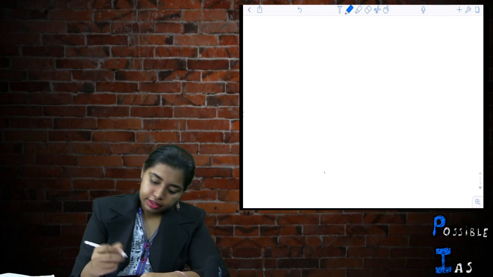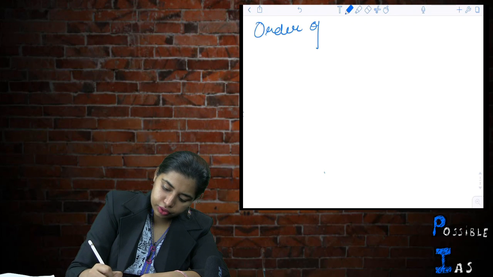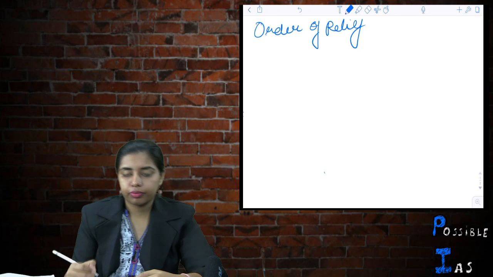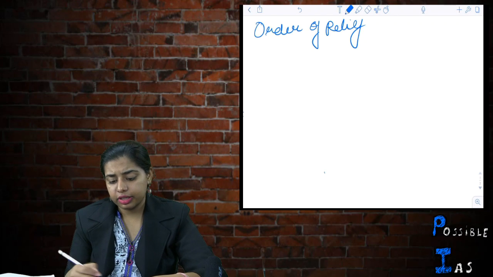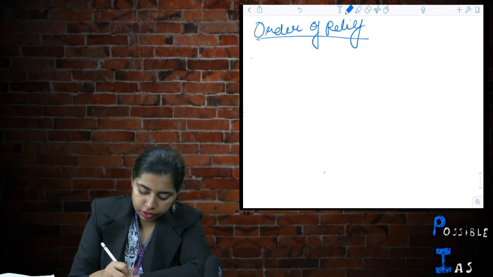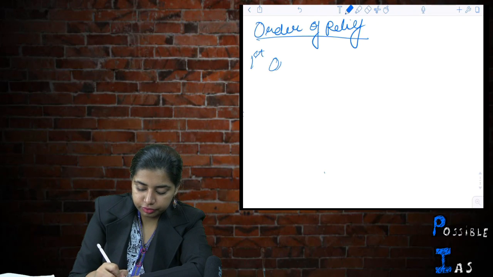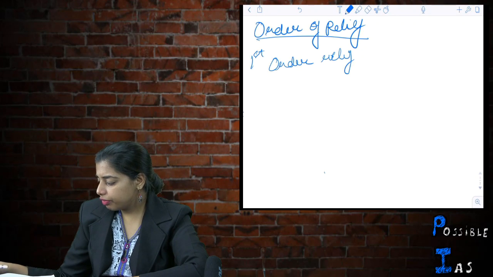So now there is another thing which is known as order of relief. Right? So there is first order relief, there is second order relief, there is a third order relief. So what are these orders of relief? In first order relief, what will you see?